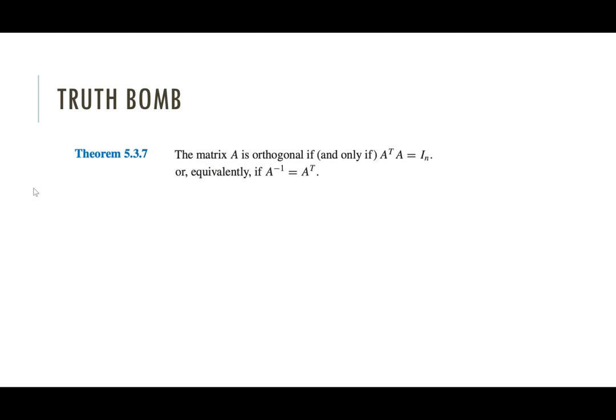A matrix is orthogonal if and only if it turns out that A transpose A is the identity matrix, which is another way of saying that the inverse of your matrix is the same as its transpose.